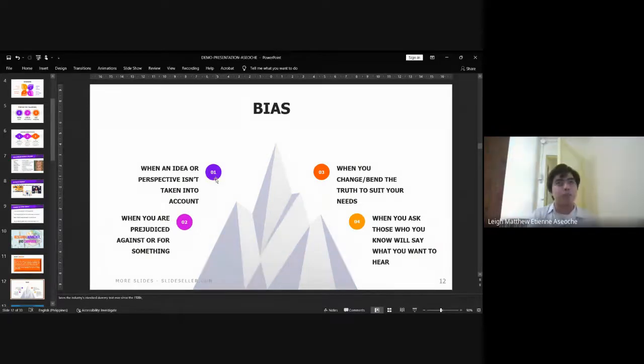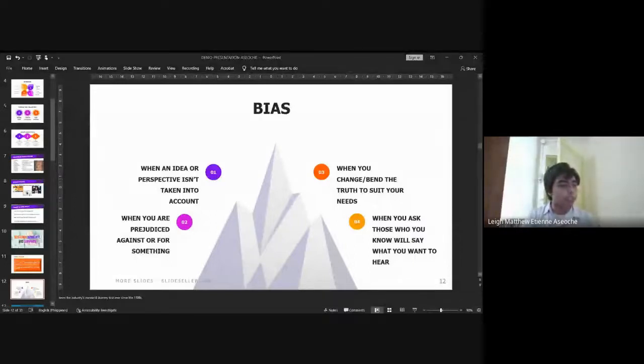So take, for example, there's a certain issue. For example, the death penalty. Talk about the death penalty. In your research, if the only things that you talk about are the negative sides of the death penalty, or only the positive sides, but you don't include the opposite, so that is bias.